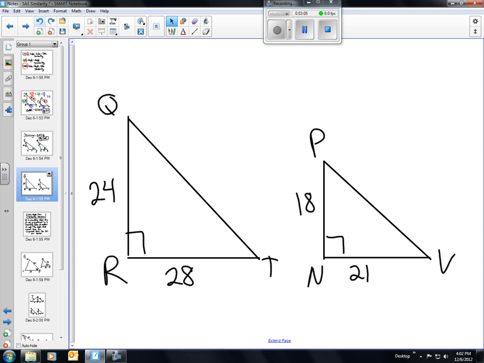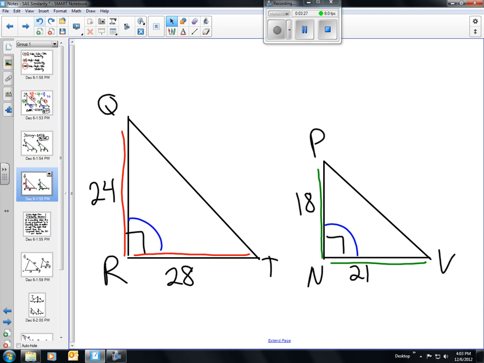So we're looking for two sides that are going to intersect at a congruent angle in both triangles. So the two sides are the green and the red here. And they both intersect at that congruent angle with the box, which is 90 degrees. So the side connects to the angle, connects to the side on both triangles.